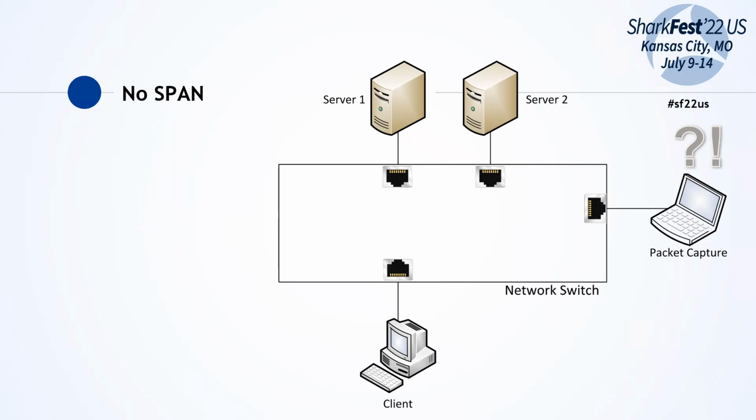Switches work in a way that they know where the devices are, and they will just forward the packets to the ports where the devices are connected. There's one exception to that rule. If the switch doesn't know where the devices are, it doesn't know the MAC addresses, it will broadcast the packets in all directions, which is why you sometimes see unicast packets in a capture even though you don't have a span port, but only one.